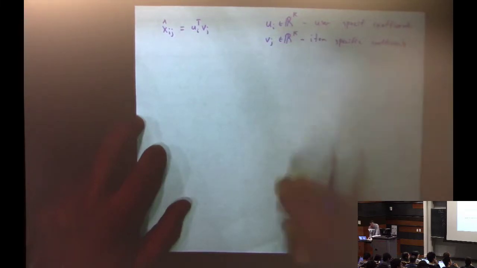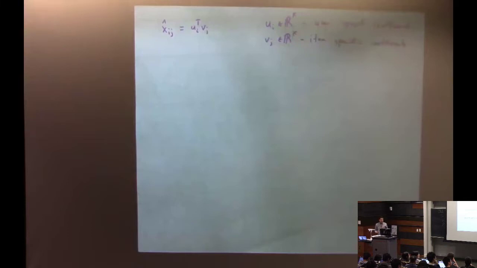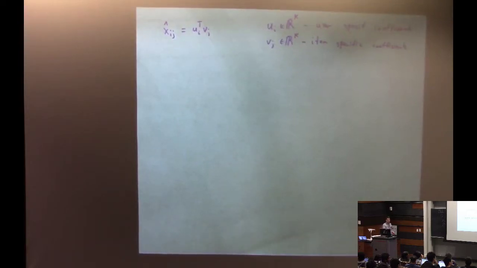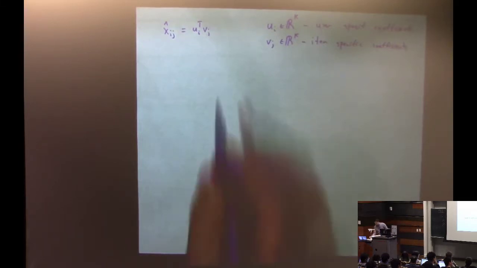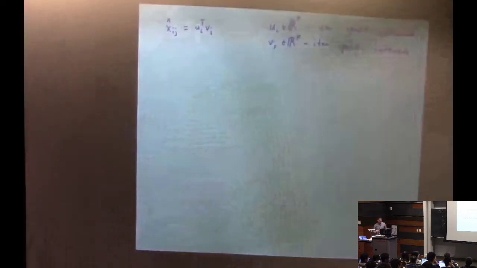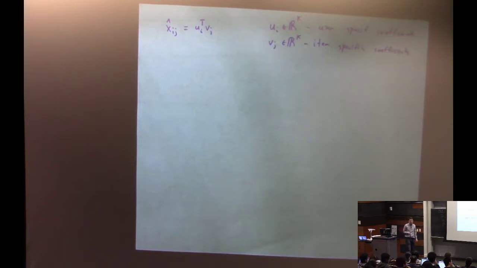If we think about this in some way, it's kind of like a linear model. If I had some features that described an item, which I don't have here, the way I normally do, but if I had some features v_j, I could form a prediction for how I would like that item by multiplying by some linear function of those features, in other words u_i transpose times that.